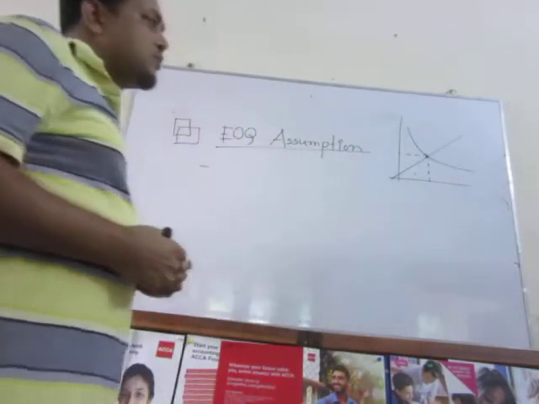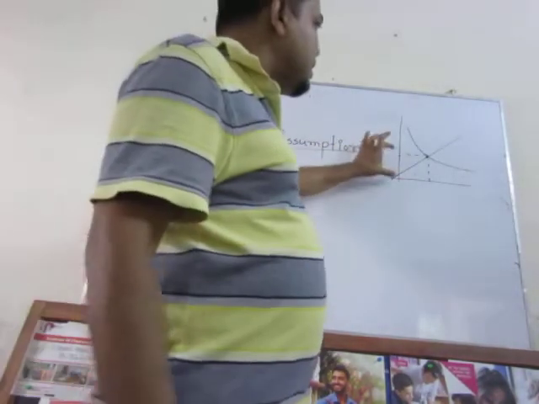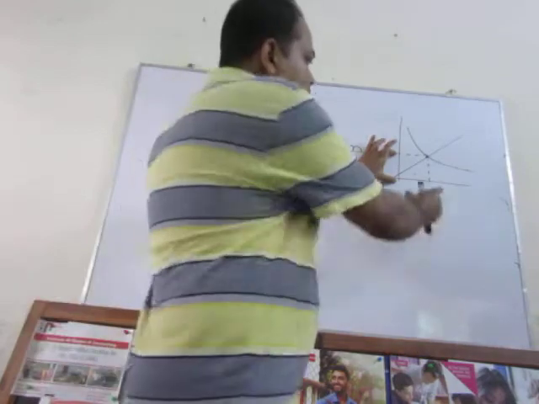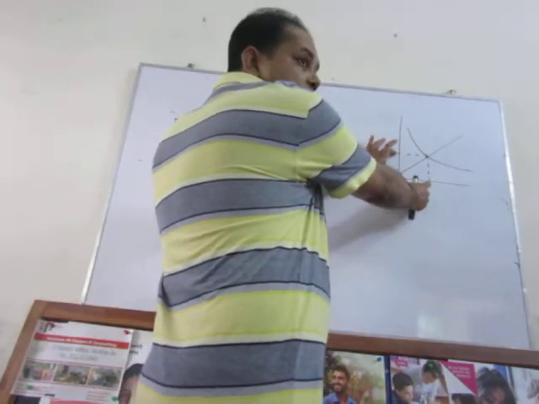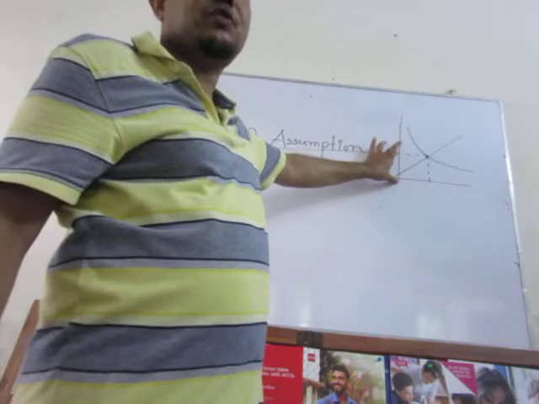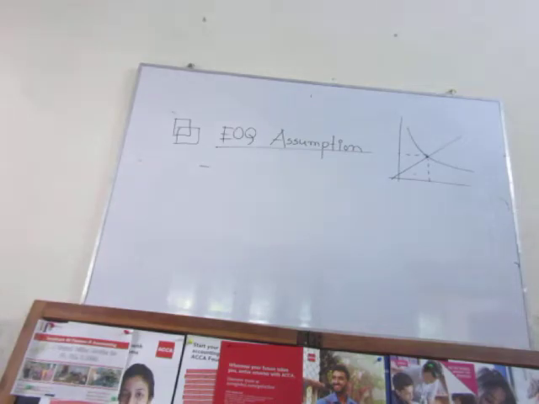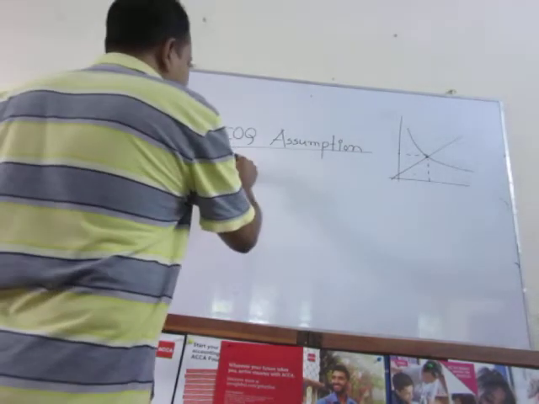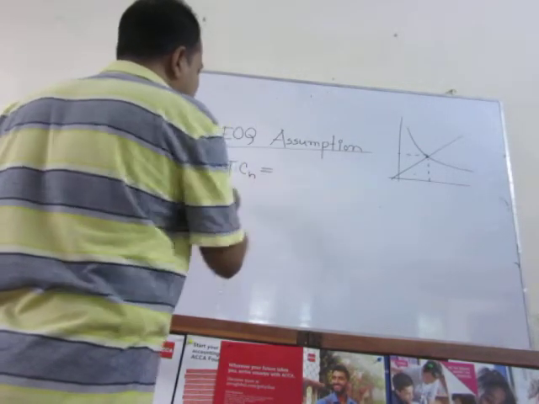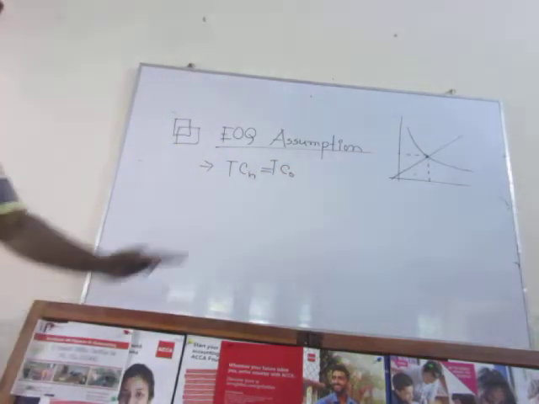This is the combination of two graphs. If you order this much and stock this much, this much total ordering cost will be there, this much total holding cost will be there. So the first assumption is that at my EOQ, my total holding cost will be equal to my total ordering cost. This is the first assumption.